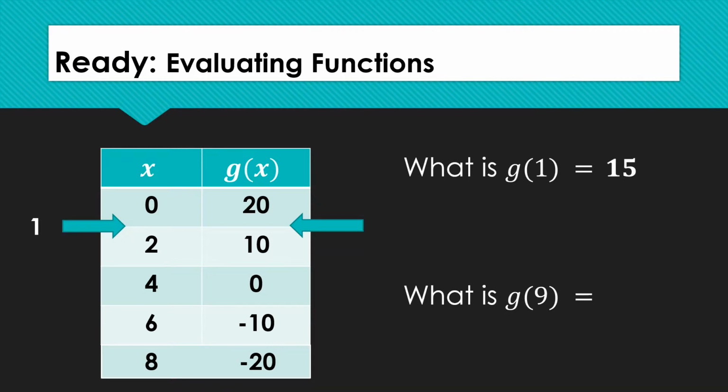Negative 10 minus 10 more would be negative 20. Now we can use that unit rate to increase x by 1 more and decrease g of x by 5 more. So we end up with 9. When x is 9, g of x is negative 25.